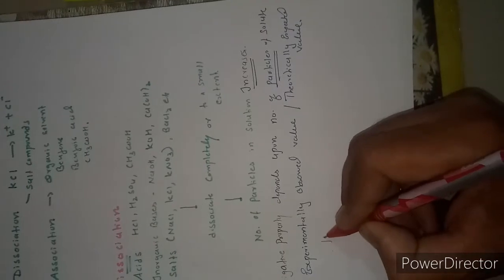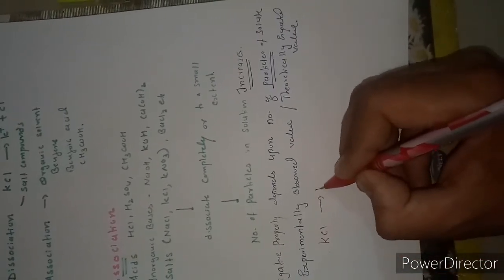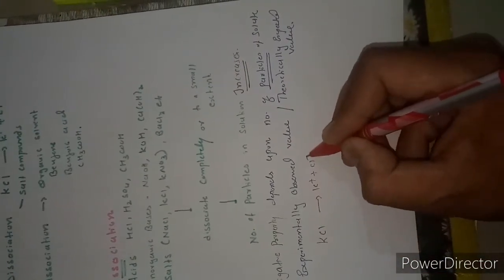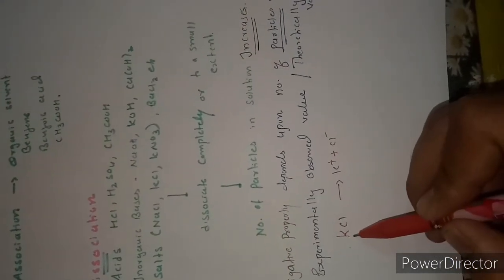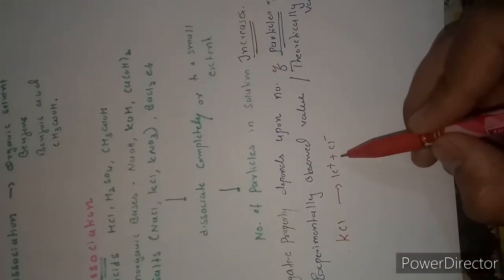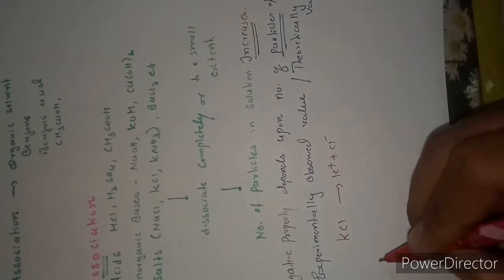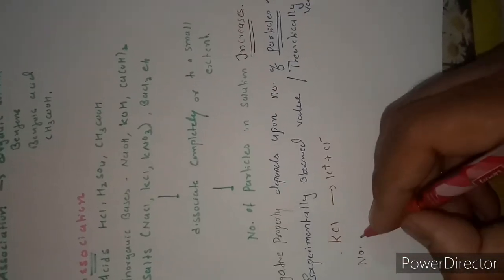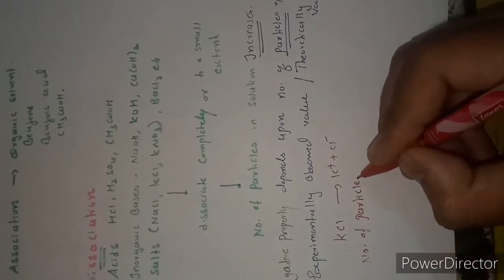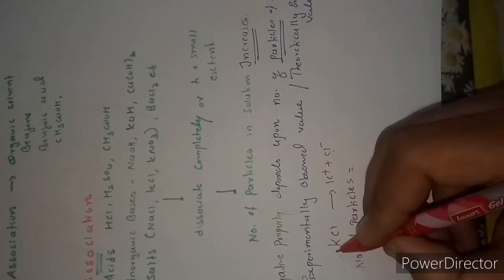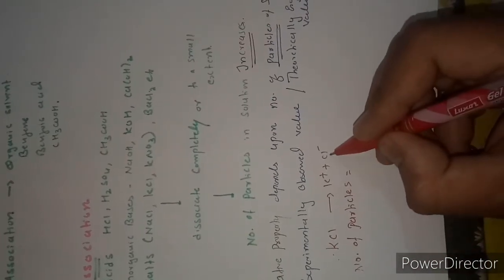The example which was taken earlier was KCl, K plus and Cl minus. Here you can see there is 1 mole of KCl and it is completely dissociated into K plus and Cl minus. So the number of particles is doubled. 1 plus 1 is 2.